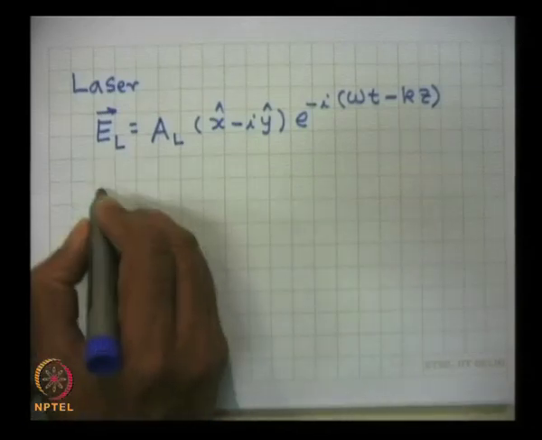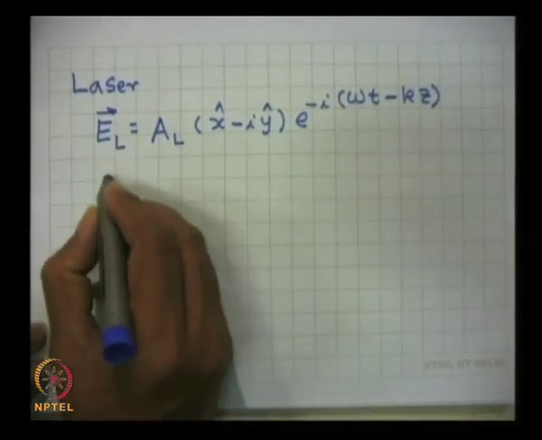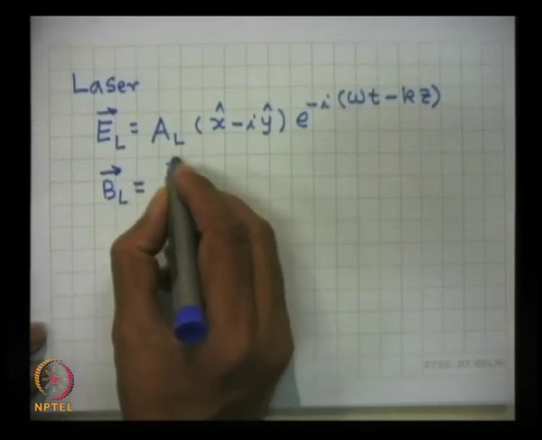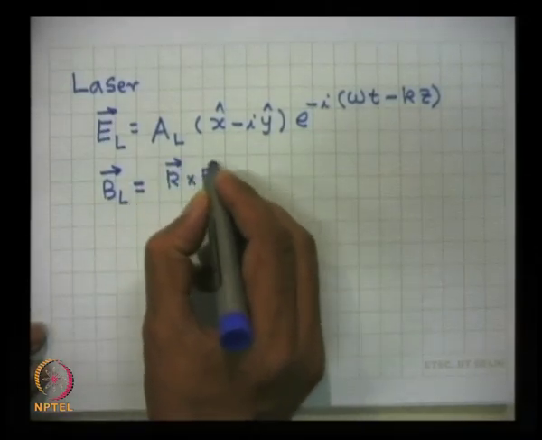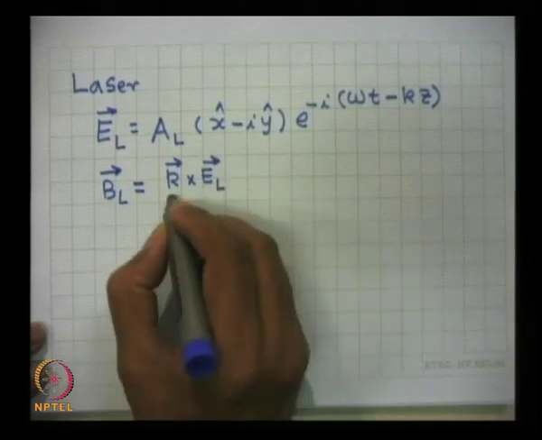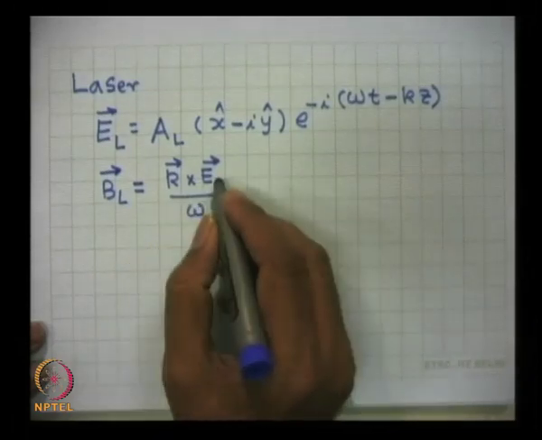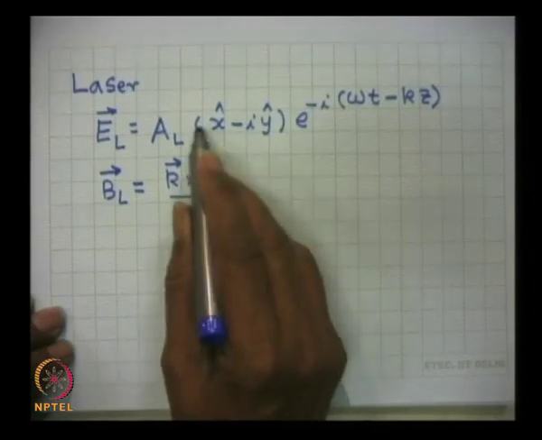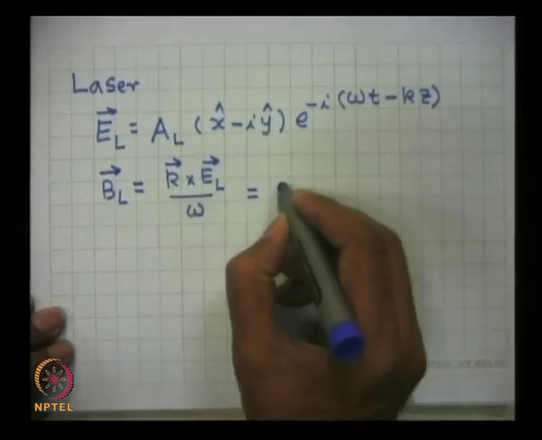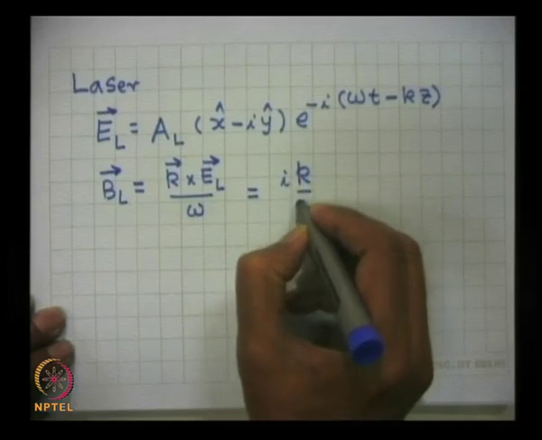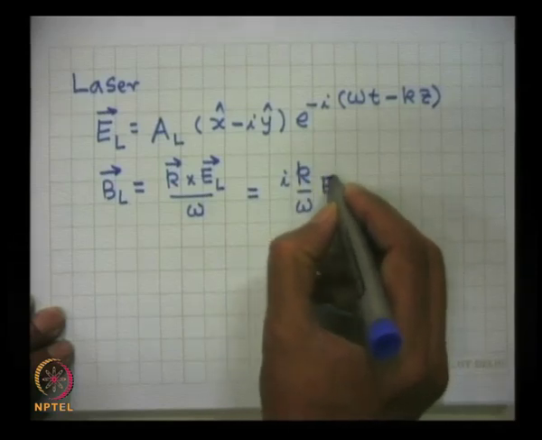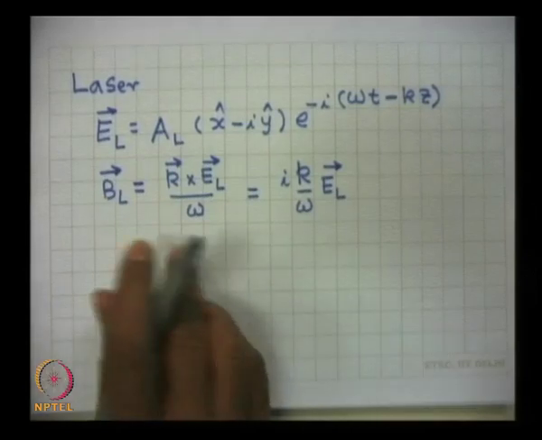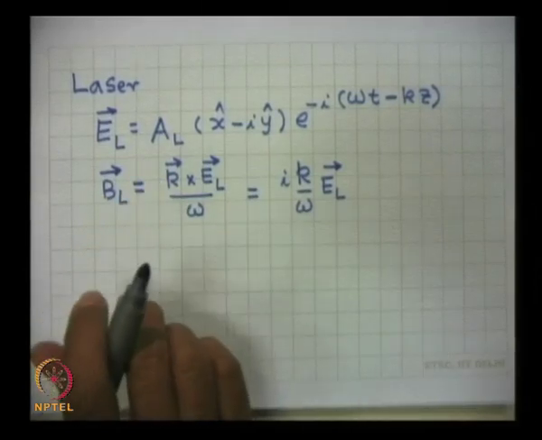This wave also has a magnetic field B_L, which is equal to k cross E from Maxwell's equation upon omega. And if you put the value of k as k_z cap and simplify this expression, it turns out to be equal to i k upon omega into E_L. So, your laser has electric field and magnetic field.